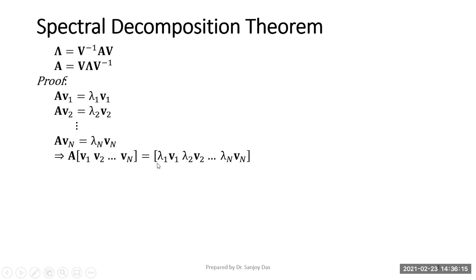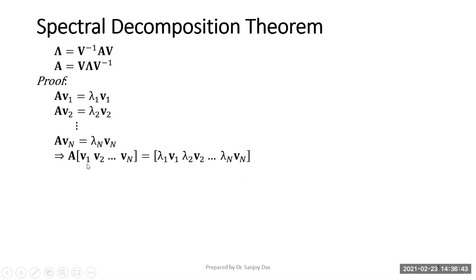On the right-hand side, the first column is lambda 1 v1. The second column is Av2, and on the right side, it's lambda 2 v2. Av1 equals lambda 1 v1, Av2 equals lambda 2 v2. Hence, these n equalities, which are basically from the definition of eigenvalues and eigenvectors of A, lead to this expression.